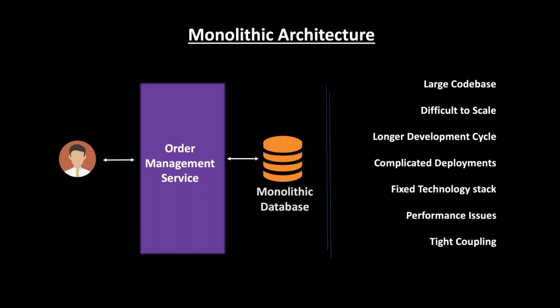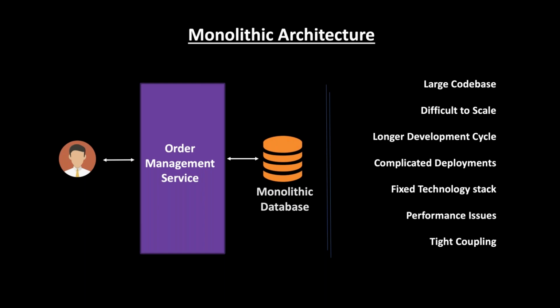You also have to have a fixed technology stack, right? Here on the code side, you cannot bring in different technologies because you have all your code in one language, maybe .NET, C#, Java, Python, right? And from the database side as well, you might have relational, which has been very popular over the years, right?